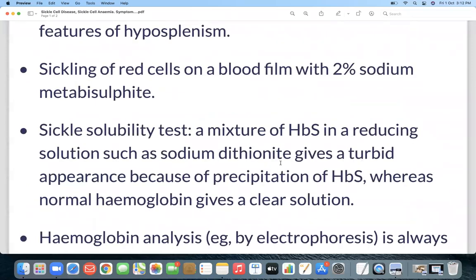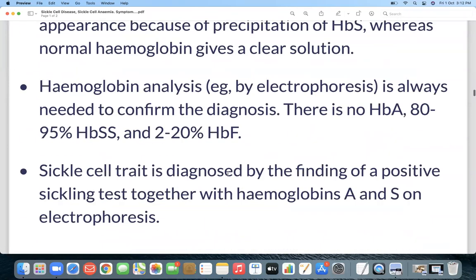We shouldn't tell too many things and get into problems because there it will be only a 3 minute discussion, right? So better to go with important things, but know that there is a solution, sodium dithionite. If there is HbS, you will get a turbid appearance, but it will be clear if it is just HbA. No need to mention unless asked.